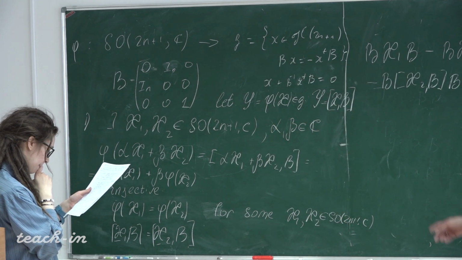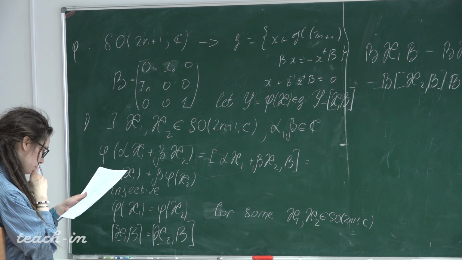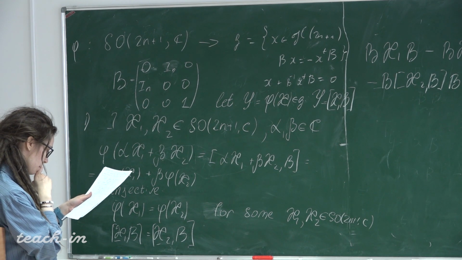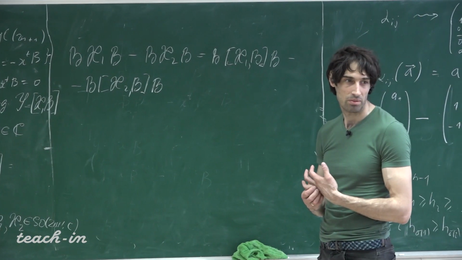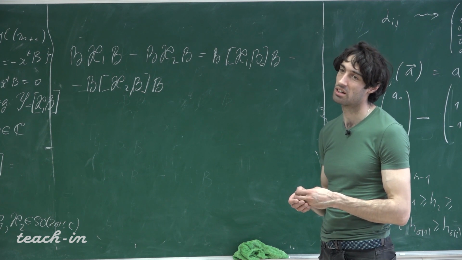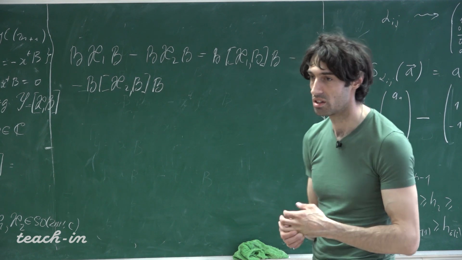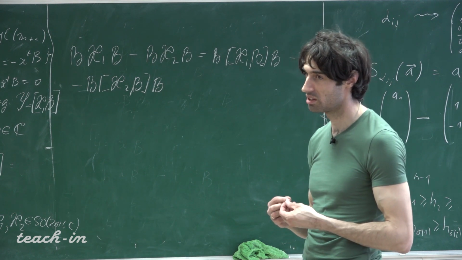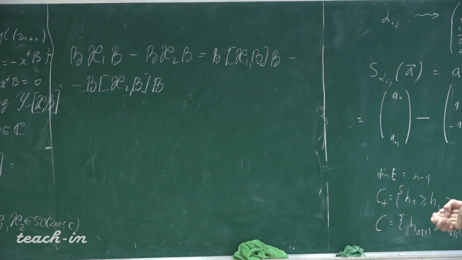But b is not in SO(n+1), for sure. It's symmetric, but not antisymmetric. So you cannot have that.